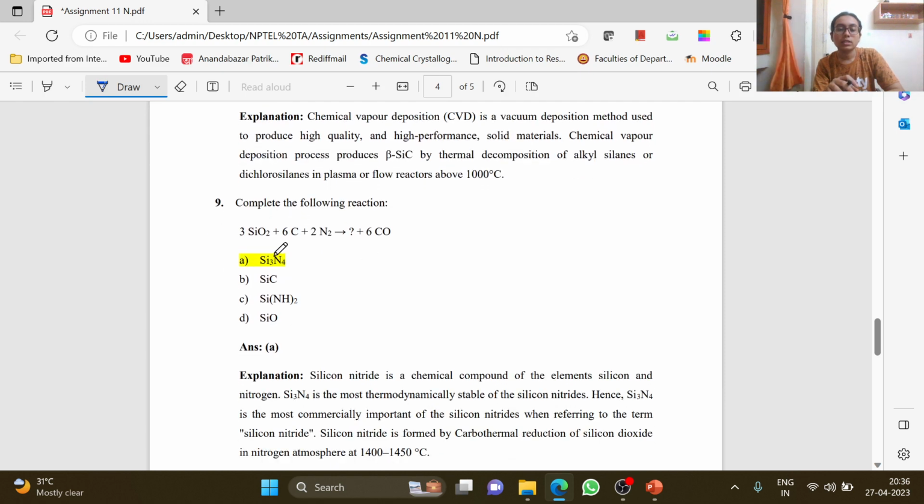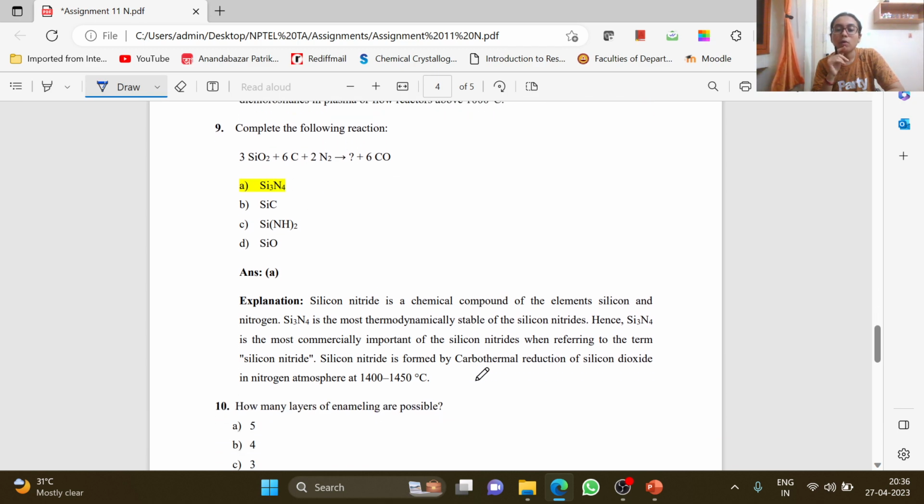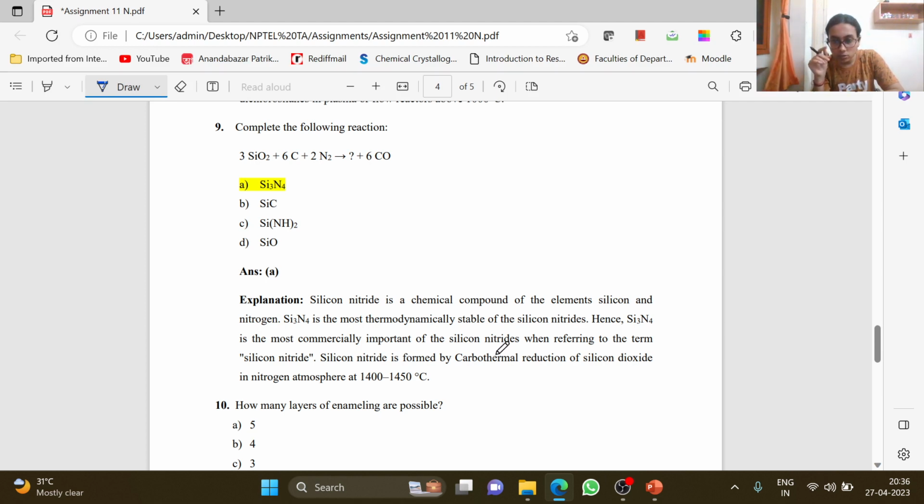Then this reaction: silicon dioxide, carbon and nitrogen gas. What will be the product? The product will be silicon nitride, because this is a chemical compound of silicon and nitrogen. This is the most thermodynamically stable of the silicon nitrides. Si3N4 is the most commercially important silicon nitride when referring to the term silicon nitride, and it is formed by carbothermal reduction.